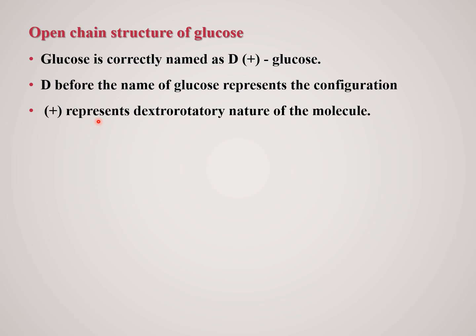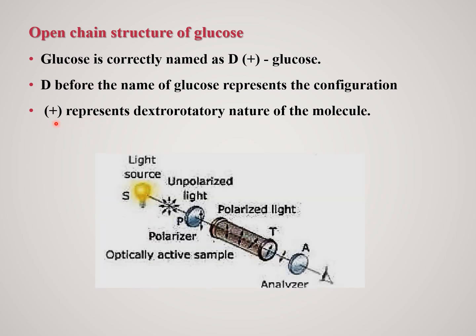Now you will be wondering, what is dextro-rotatory and how is this term coming about? And what is this plus sign indicating? So now, to understand this better, we will take the help of a polarimeter. The schematic diagram of a polarimeter is before all of us.